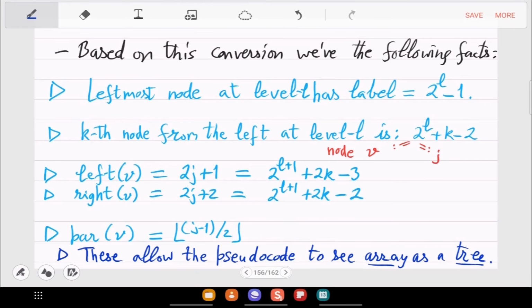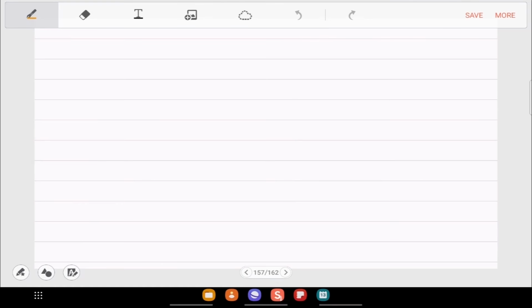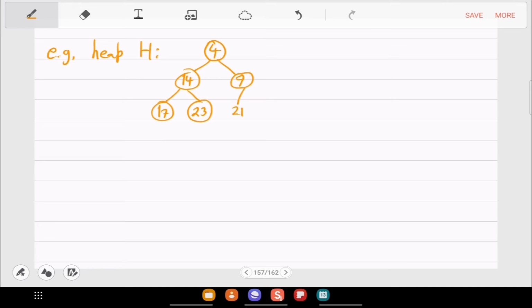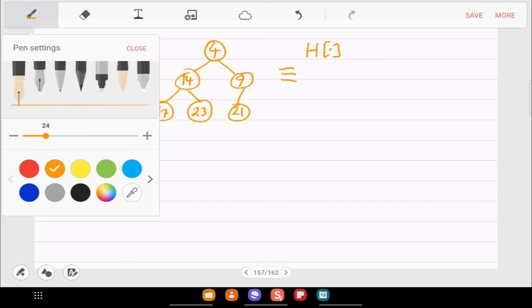So your heap will be like this. Now you have these keys, which translates to the heap as an array instead of heap as a tree.